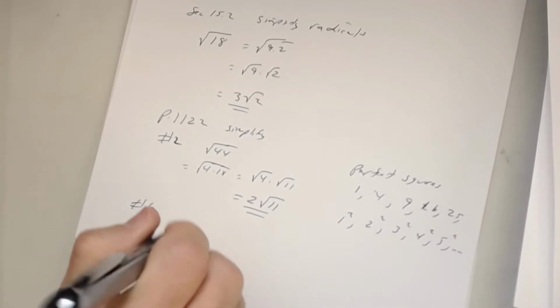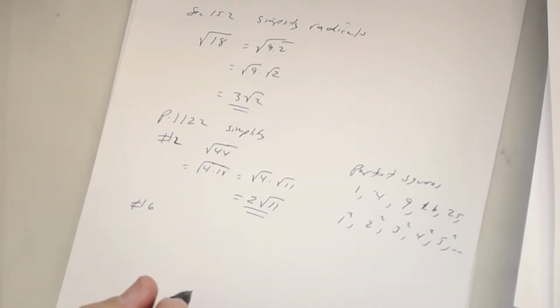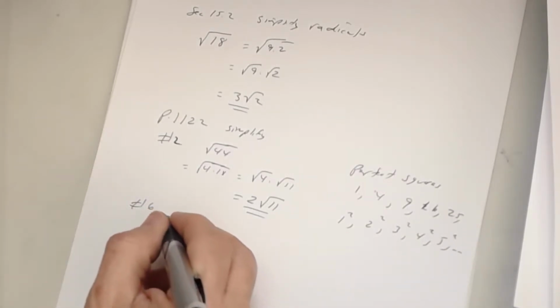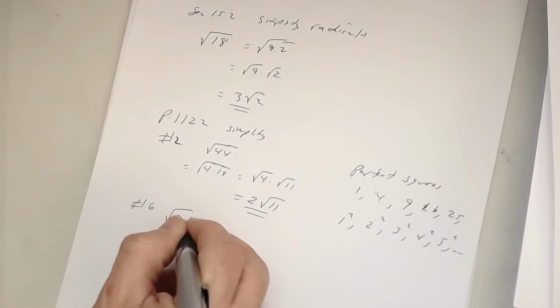Okay, before we do number 6, all right, it's going to say simplify. You have the square root of 21. Then we simplify the square root of 21. What perfect square other than 1 goes into 21? 3 is not a perfect square.